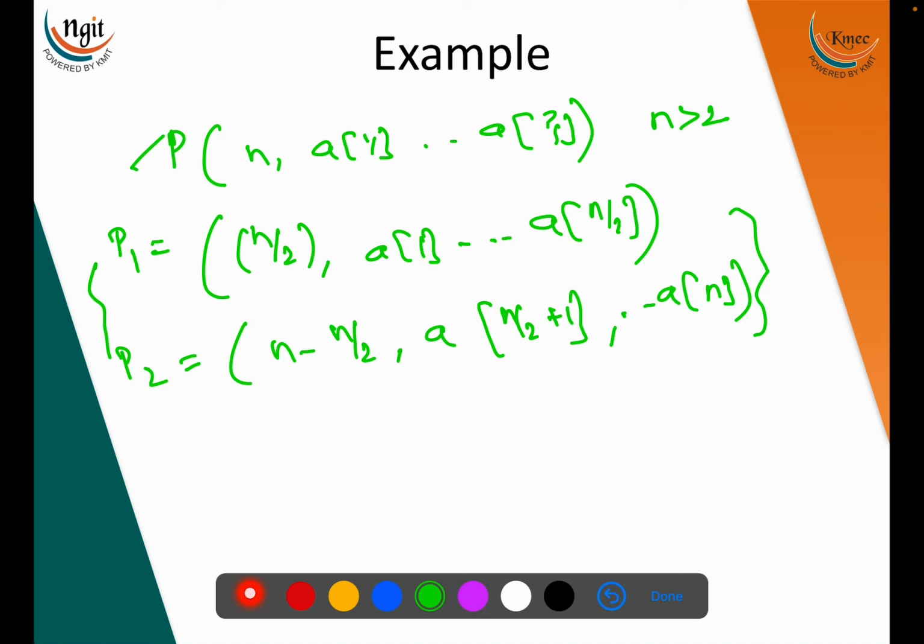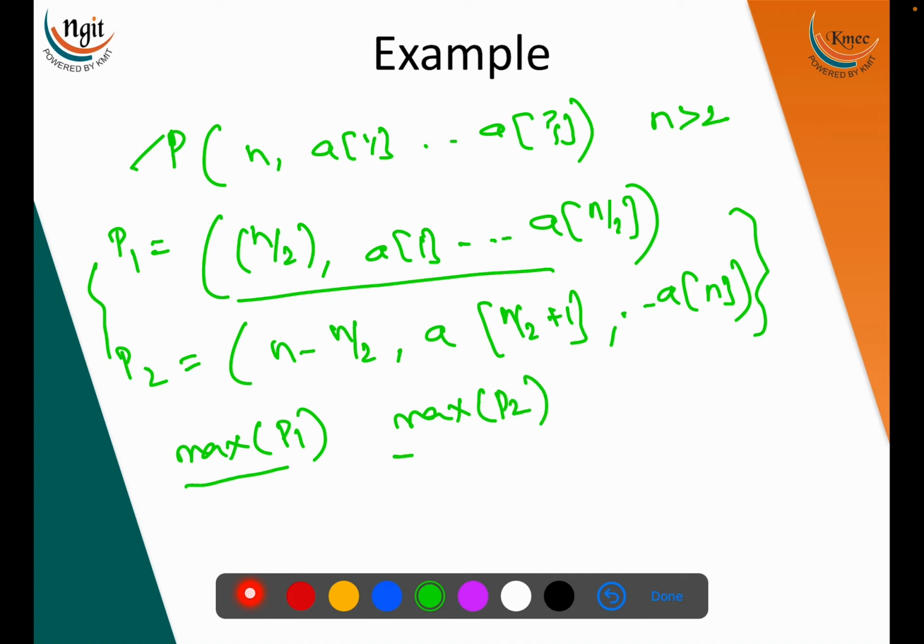Let us assume that when I solve P1, I find the max of P1, and I also find the max of P2. Then I compare the results from these two sets to get the solution back. So this is the idea of finding maximum and minimum using the divide and conquer strategy.